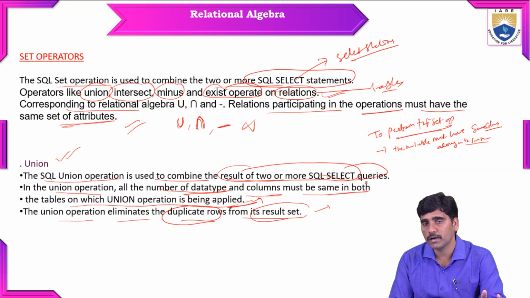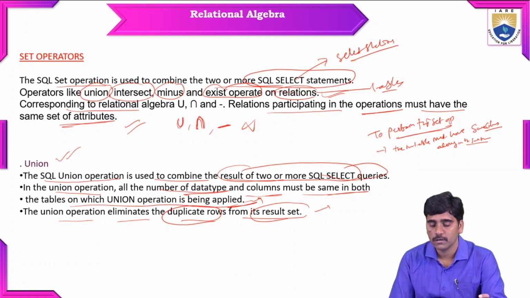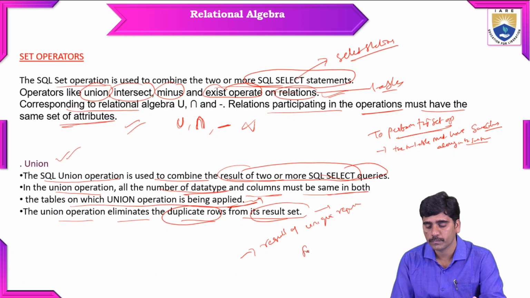So if the value in table 1 is also contained in table 2, it eliminates the duplicates and displays the result as unique results from the two tables.